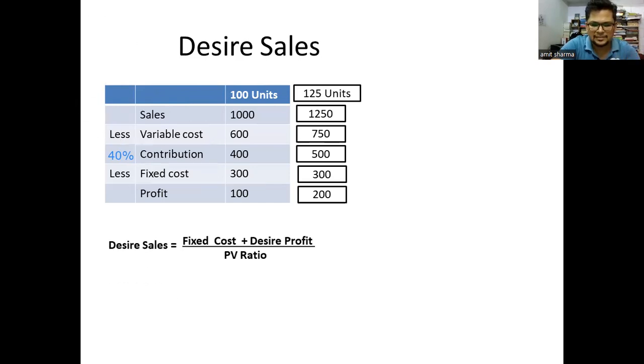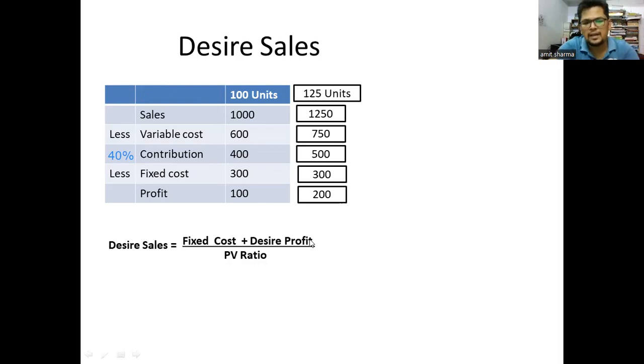So the formula of desired sales will be this: we add desired profit to fixed cost, giving the contribution of 500, and we divide by the PV ratio, that was 40%.